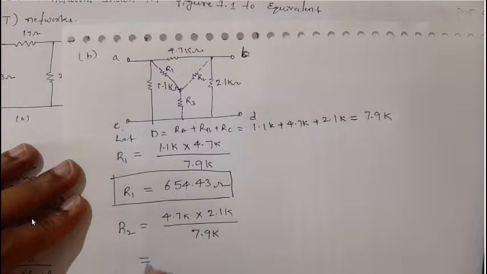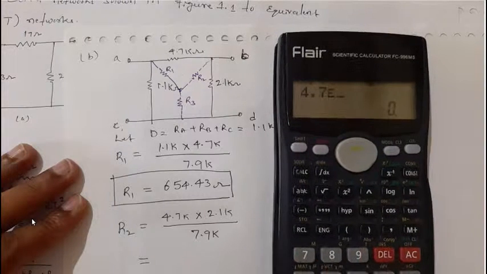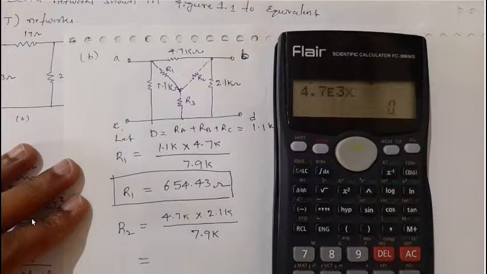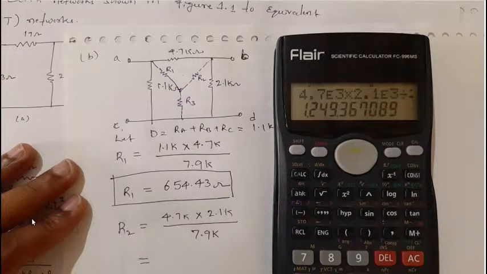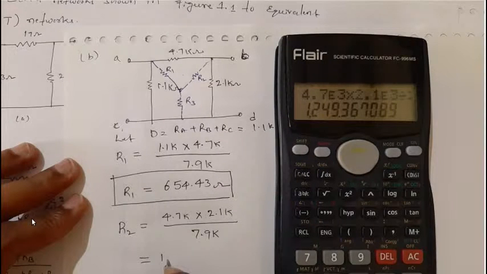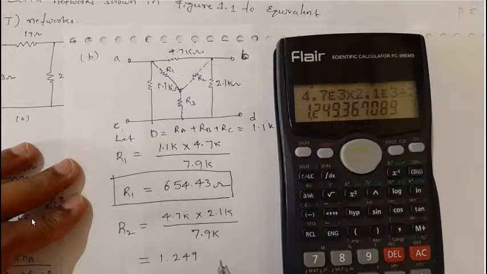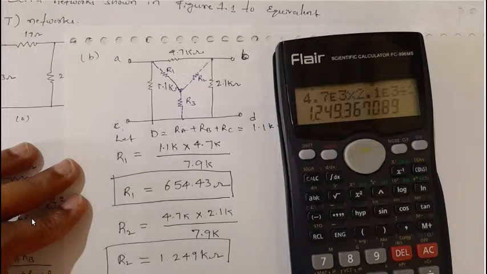Calculating 4.7k into 2.1 divided by 7.9k gives 1.249 kilo ohm, which is R2. Very simple.